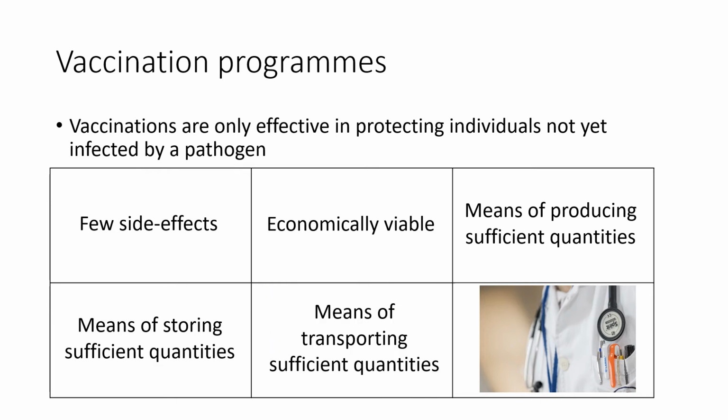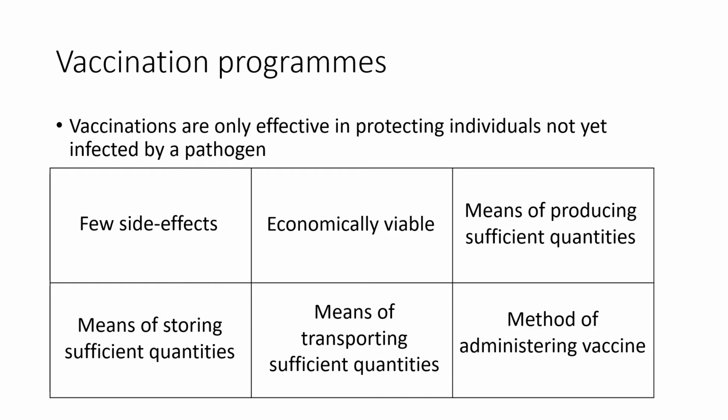When we've got the storage, we then have to transport it to all the different regions that it needs to go to. And then, of course, once it arrives where it needs to go, we still need somebody there or some way of administering the vaccine. Even if it is some simple training for some volunteers in order to be able to give basic injections to people, we still need the manpower to be able to administer vaccines.